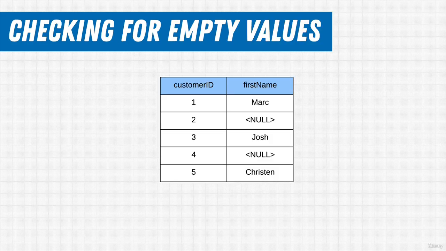So if you looked at ValentinaDB and you wanted to check for empty values, well, you could do a simple select query. And what you would see here is you would have a customer ID and a first name. And maybe you didn't have everyone's first name. And so here you can see one Mark 2. Oh, wait, we don't know user 2's first name. And so most database software will actually show you this type of syntax when a value is empty.